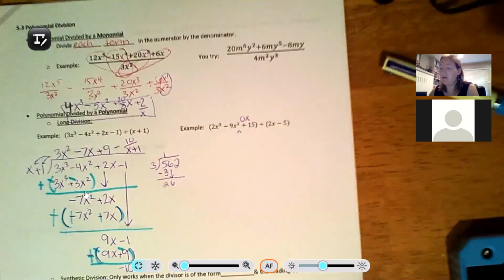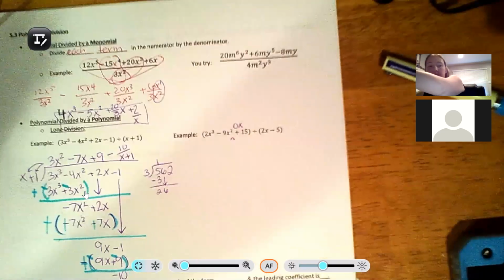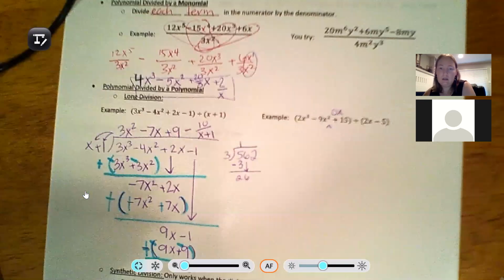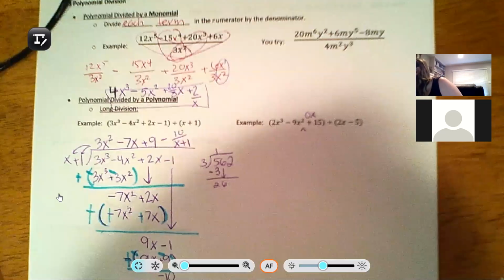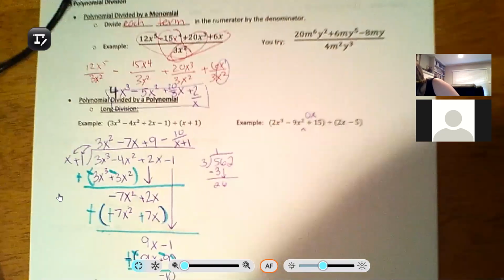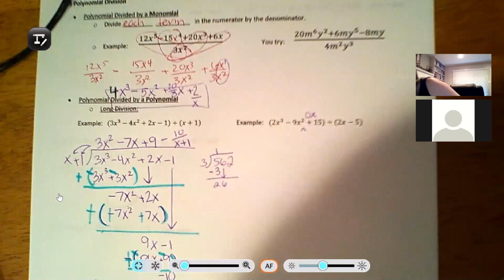So by putting in a 0, you're less likely to combine unlike terms. And the other reason for the 0, why I put it in, is because when you do synthetic division, you will have to put it in.